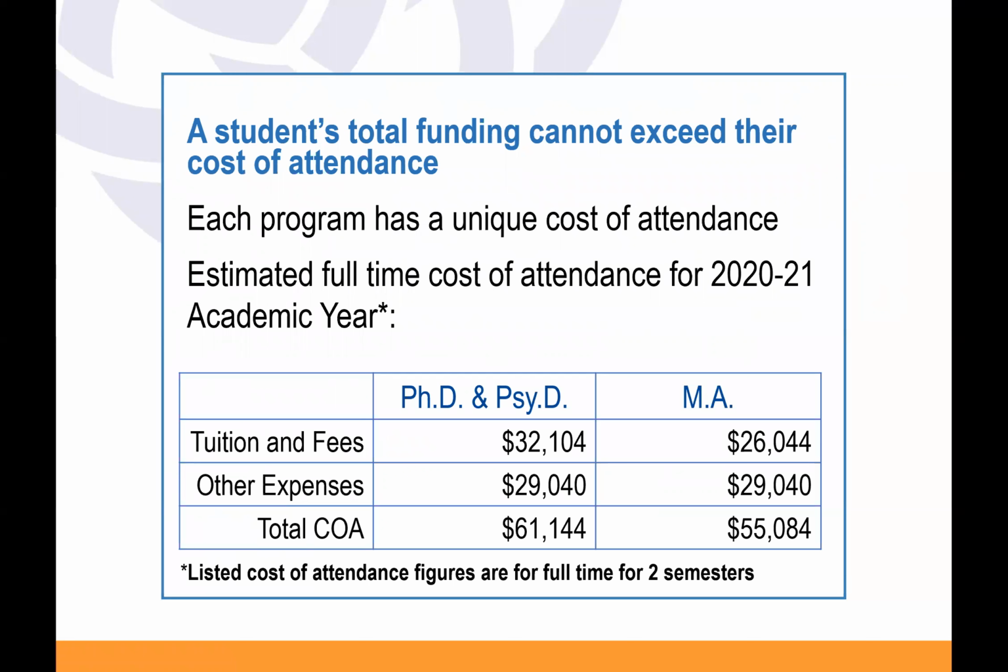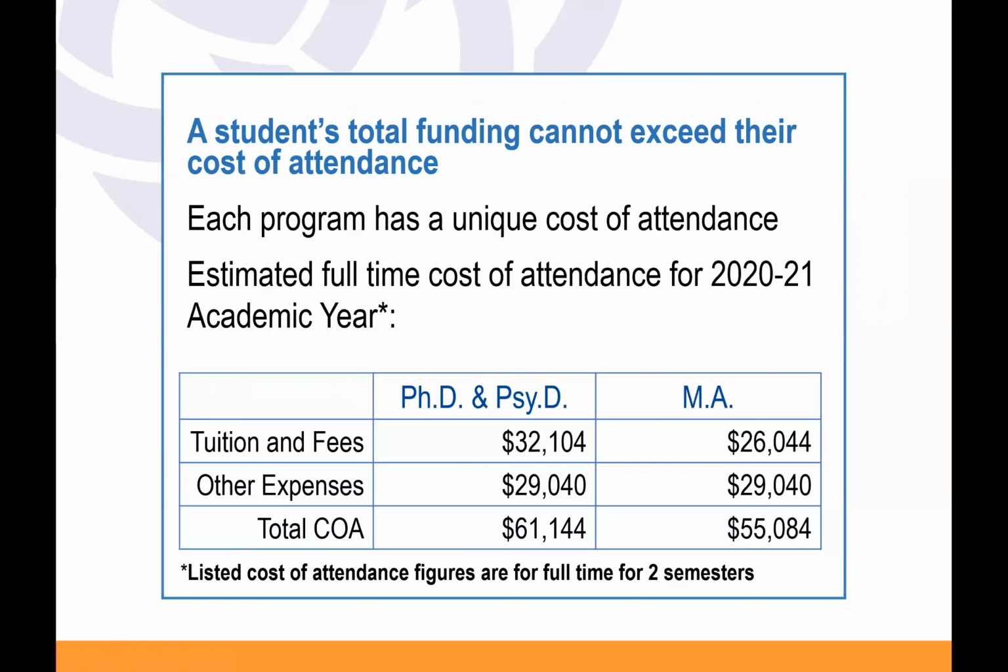To give you a better visual of what we're talking about, a student's total funding cannot exceed their cost of attendance. Each program has a unique cost of attendance. For example, for 2020-2021, it goes by program and by how many units you'll be taking for the two semesters.